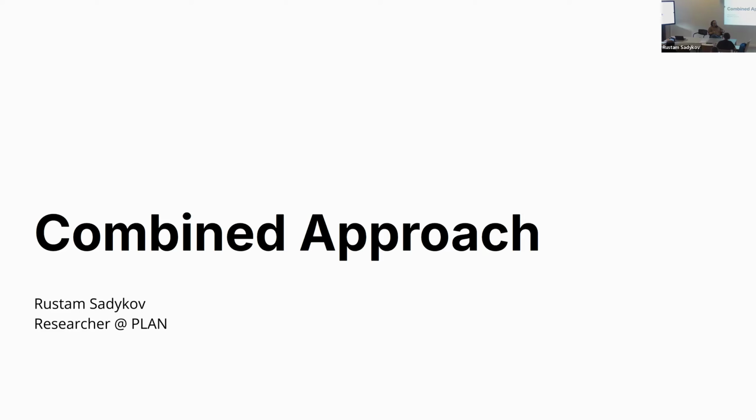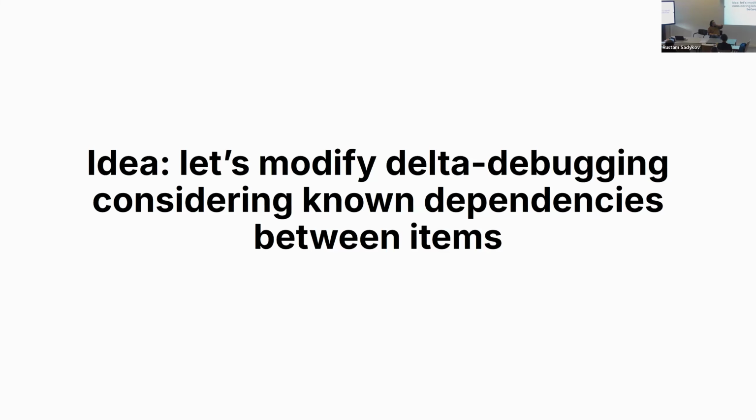We need a combination of these approaches, like delta debugging and program slicing. The basic idea is to modify delta debugging, because it's easier than modifying program slicing, and try to consider known dependencies that we can retrieve from some static analysis.